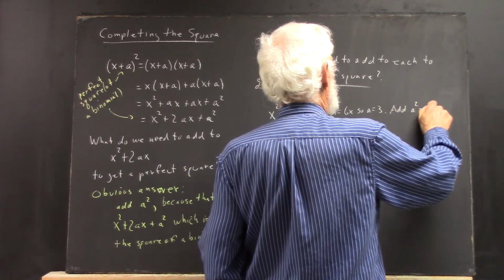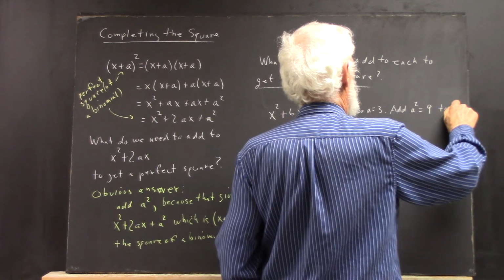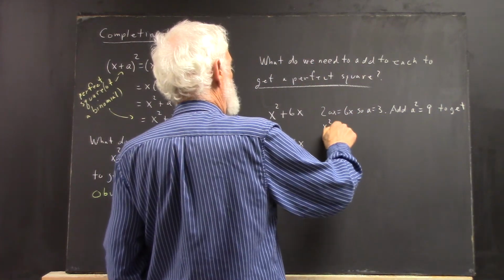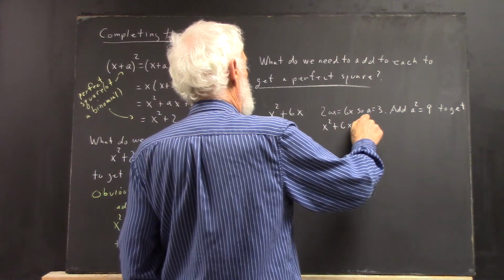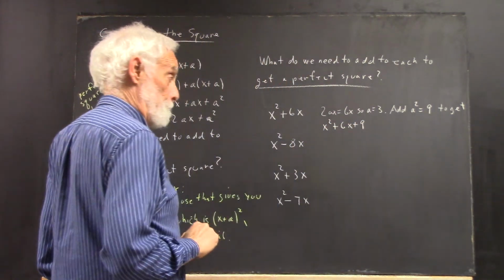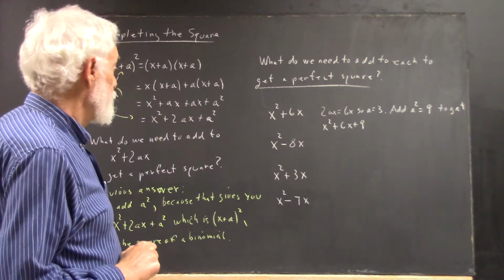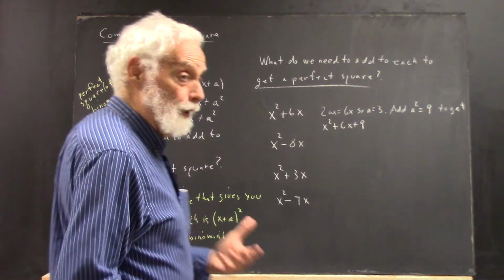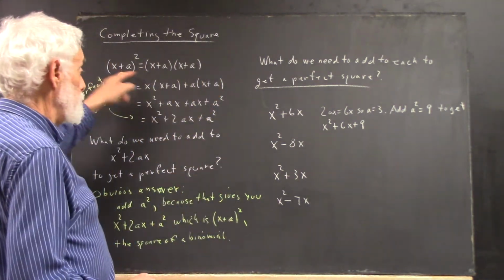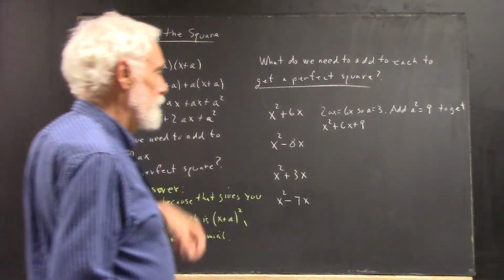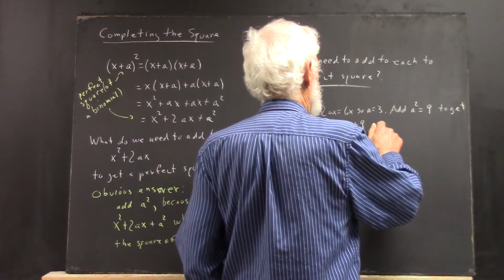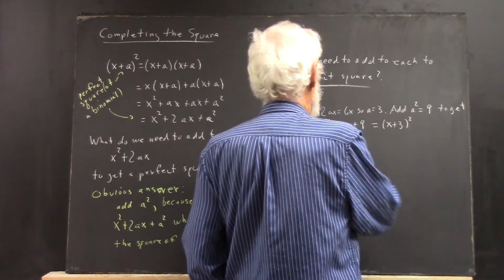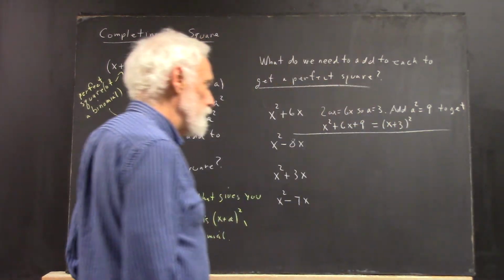We add a squared, which is 9, to get x squared plus 6x plus 9. And that is the square of x plus a, which is x plus 3.